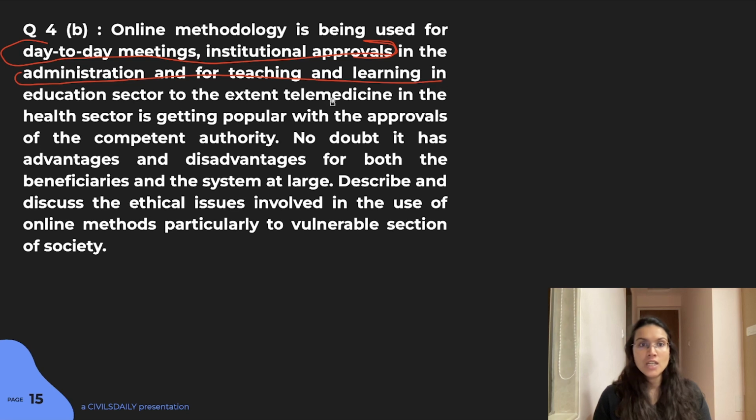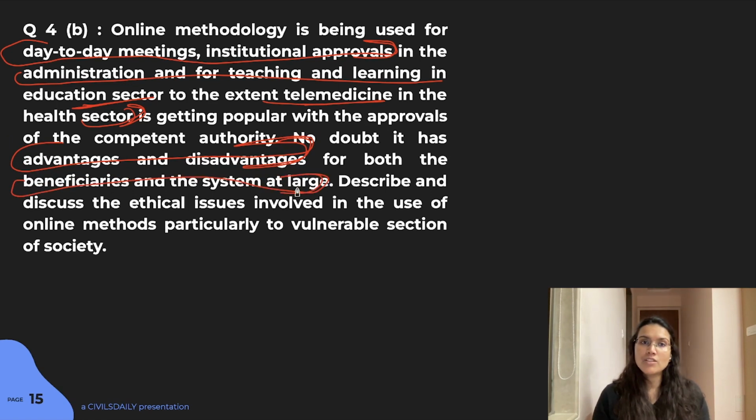Administration, teaching, and telemedicine, that means the health sector. So it is actually highlighting three areas. It is getting popular with the approval of the competent authority. No doubt it has advantages and disadvantages. This is another thing for both the beneficiary and the system at large.